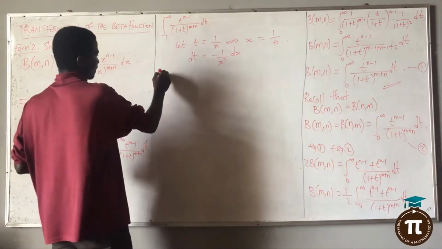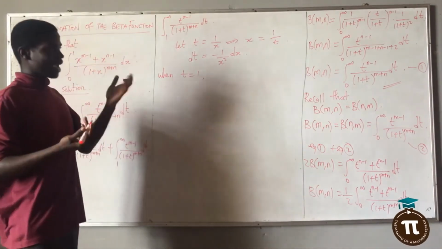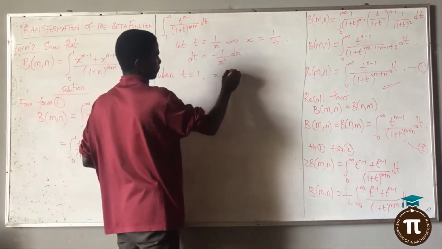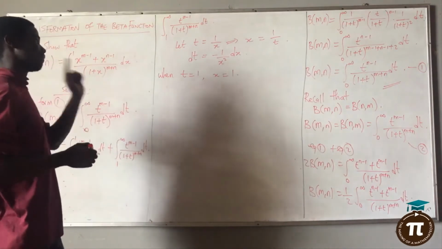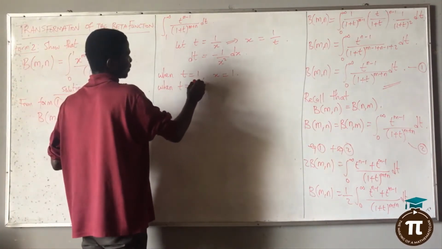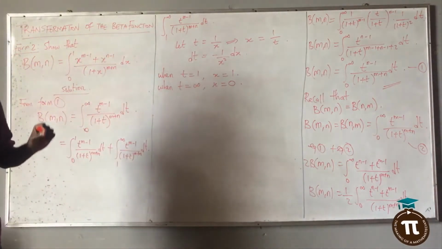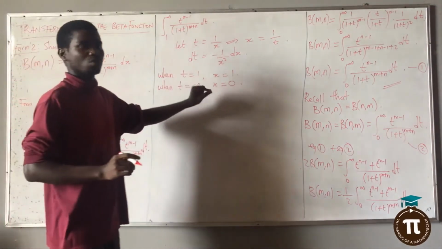So when t is 1, x is 1. And when t is infinity, x will be 0.